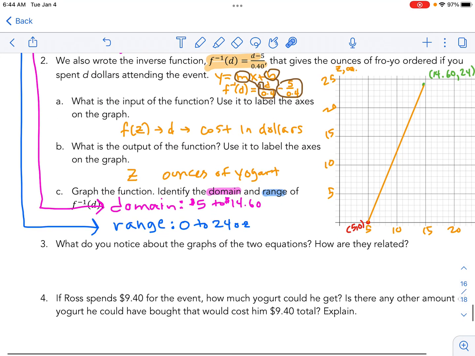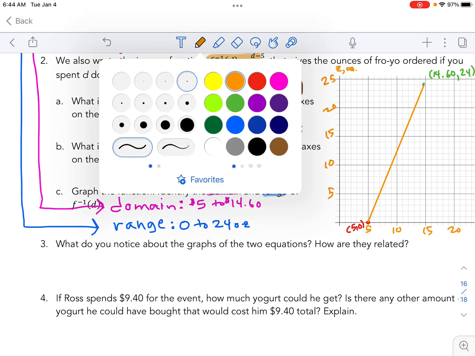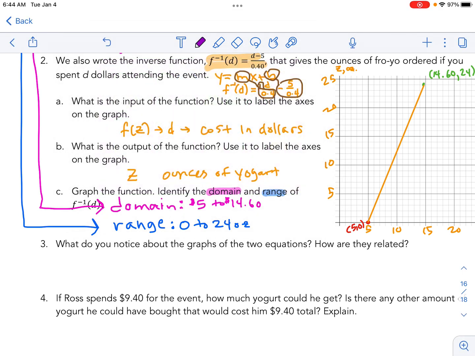So these two graphs, I think I'll go a lighter purple, these two graphs are reflections over, oops, the line y equals x, right?